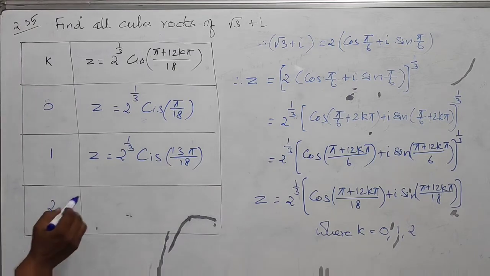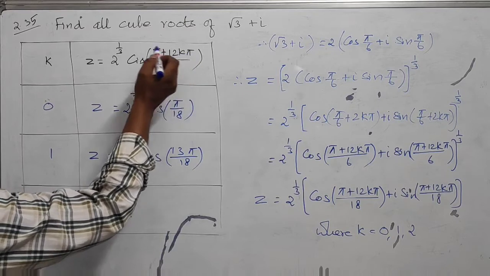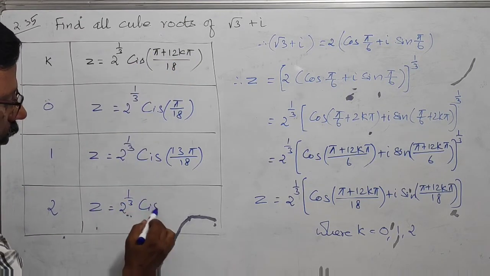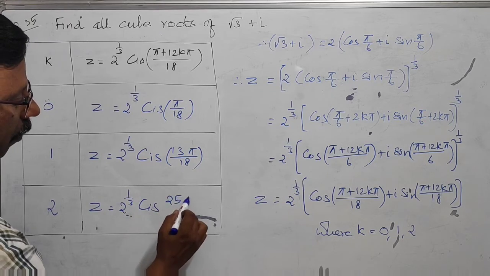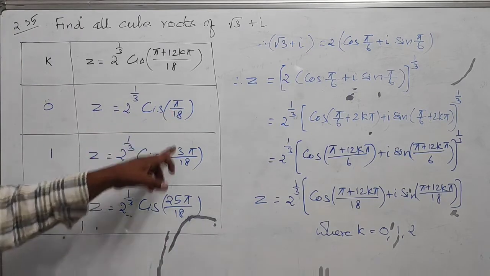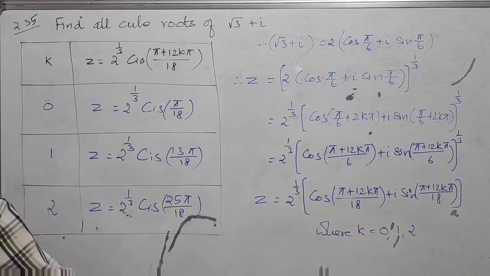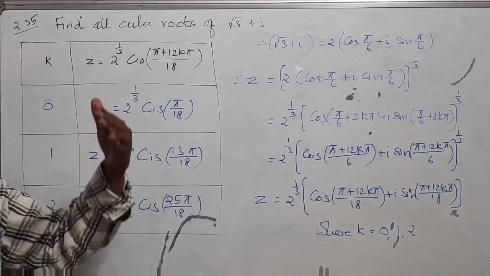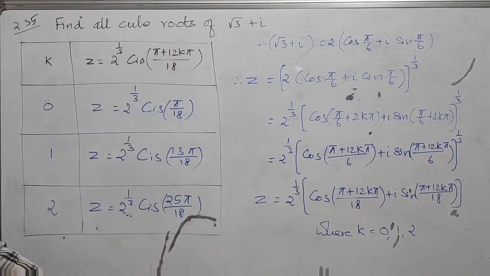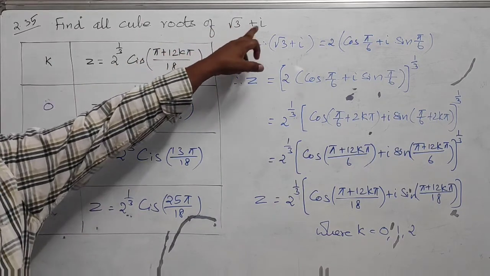Next, you put k equal to 2 means 24 pi plus pi, 25 pi, 2 power 1 by 3 into cis 25 pi by 18. Likewise, you do not calculate these values, you just substitute, because when you find standard values like pi by 3, pi by 2, pi by 6, then it is better to find its value. Here you need these 3 values. Now these are the 3 roots of the complex number root 3 plus i.